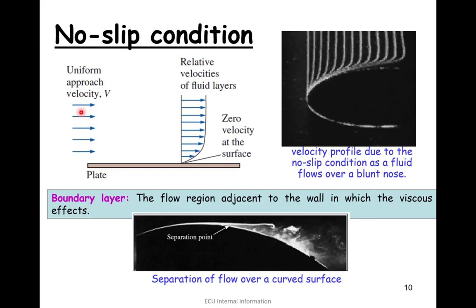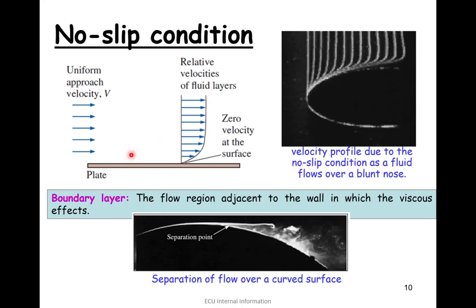Once this uniform flow approaches a plate, due to friction at the surface, the molecules adjacent to the surface will have zero velocity, and as we go further up, the velocity increases. Basically, the velocity profile over the surface will have this form: zero velocity at the surface, while the velocity is uniform at the upper side.